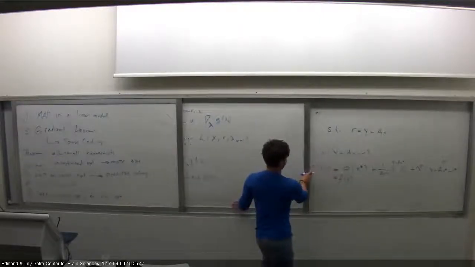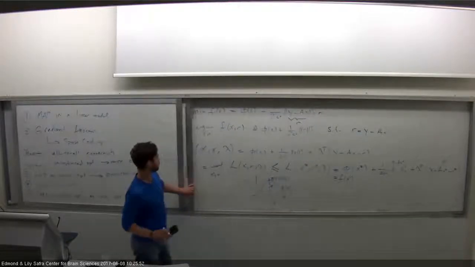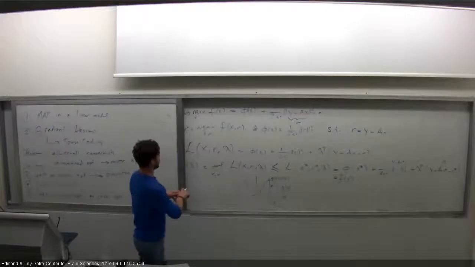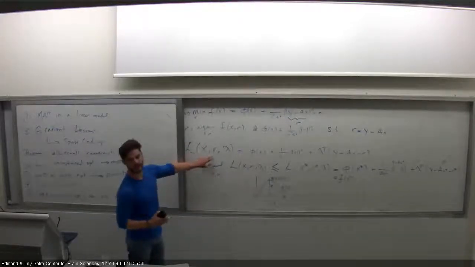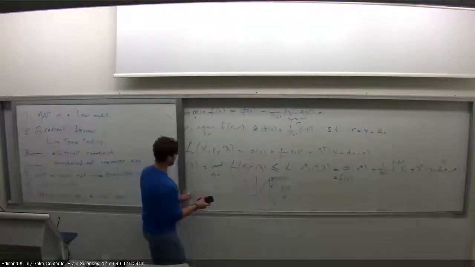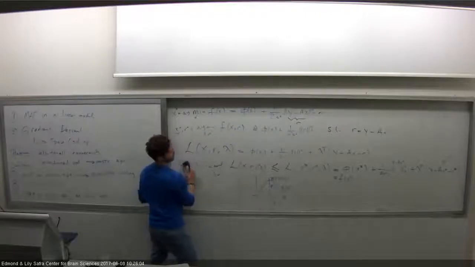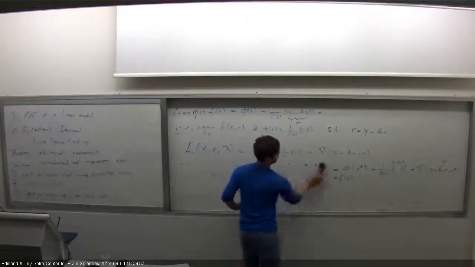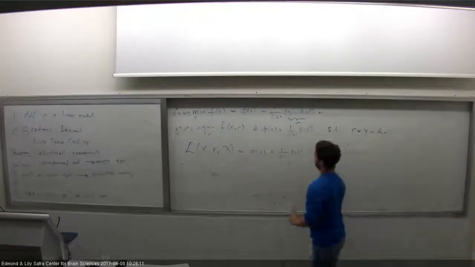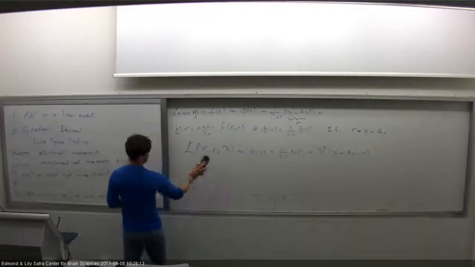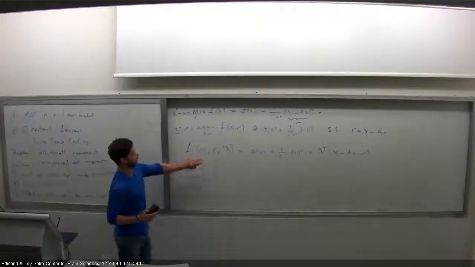Let's go back to our Lagrangian right here. The first thing we're going to do is find what the minimums are for x and r. So we can just get rid of r right away. Given some lambda, what is our minimum value for x and r?